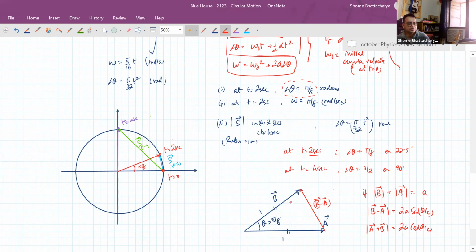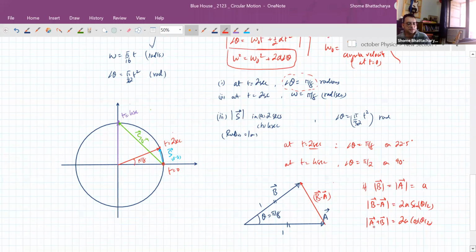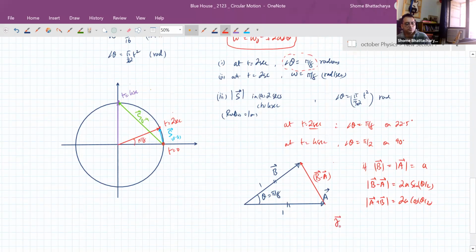So the displacement is this triangle only, I've drawn again here, but taking the vectors as capital A and B. The displacement from 0 to 2 seconds will have a magnitude of 2 into, this being radius 1 meter, into sine of pi by 16. That is where you will have to bring in your calculator. 2 sine pi by 16 is the same thing as 11.25 degrees.